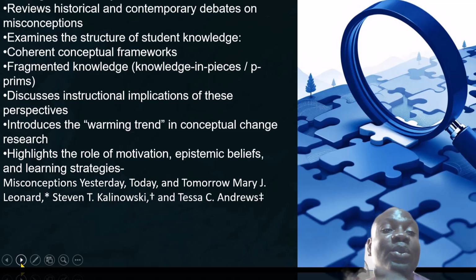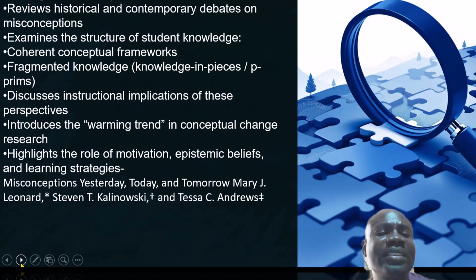And what they did was, number one, they reviewed historical and contemporary debates on misconceptions. Number two, they examined the structure of student knowledge. Number three, they also established some coherent conceptual framework. Number four, in their paper, they discussed fragmented knowledge, knowledge in pieces and in prism.